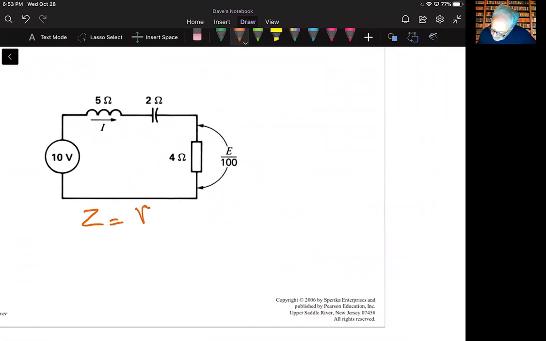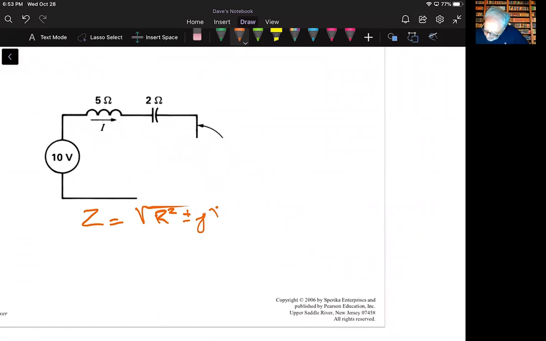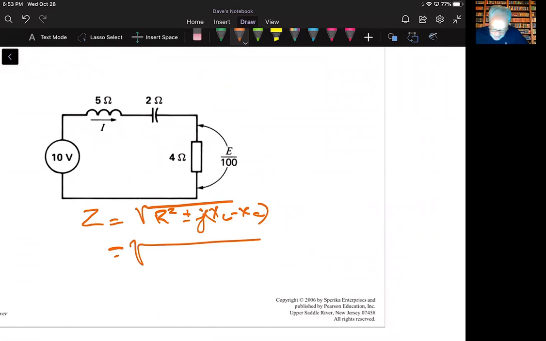Z is going to be the square root of R squared plus or minus J, X of L minus X of C. So I've got a 4 ohm resistor, X of L is 5, and X of C is 2.